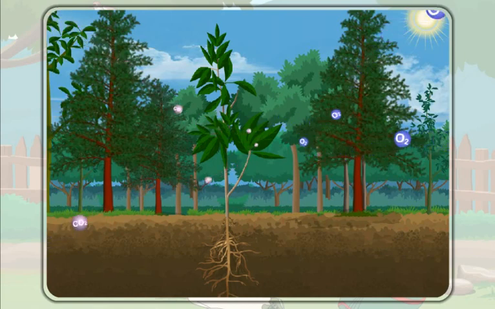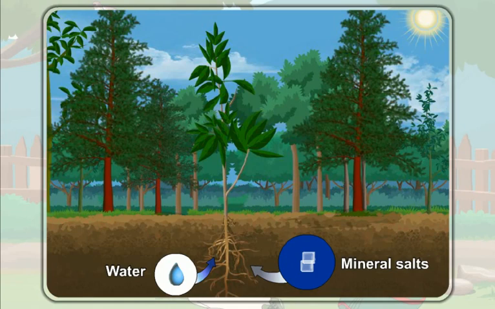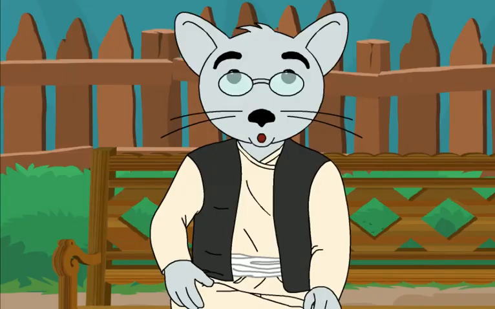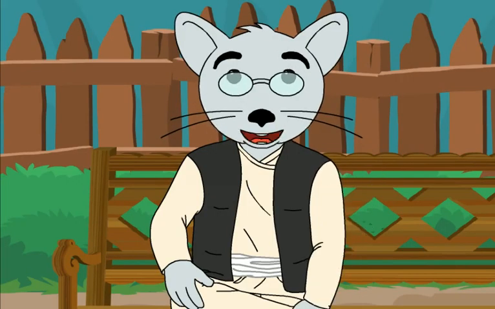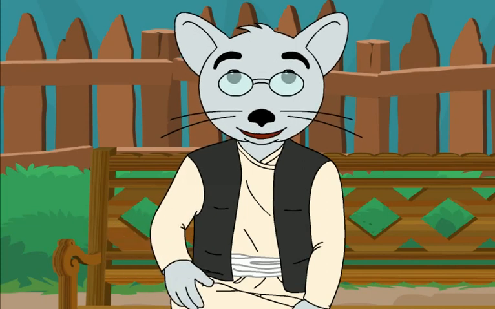Now tell me where the soil and the air are. Yes, they are in the environment. So, a plant takes water, mineral salts, and carbon dioxide from the environment. It also takes sunlight from the environment. Now think what would happen if there were no water, mineral salts, carbon dioxide, and sunlight in the environment.